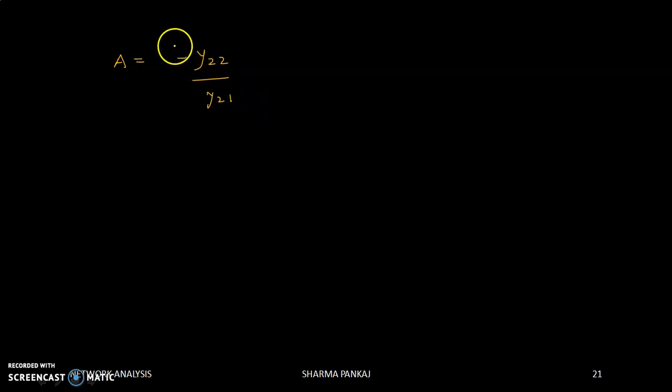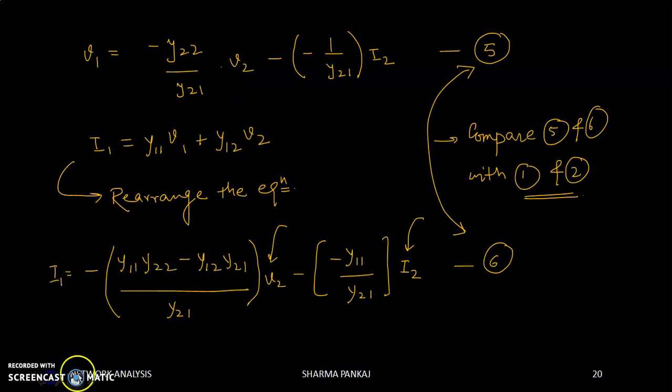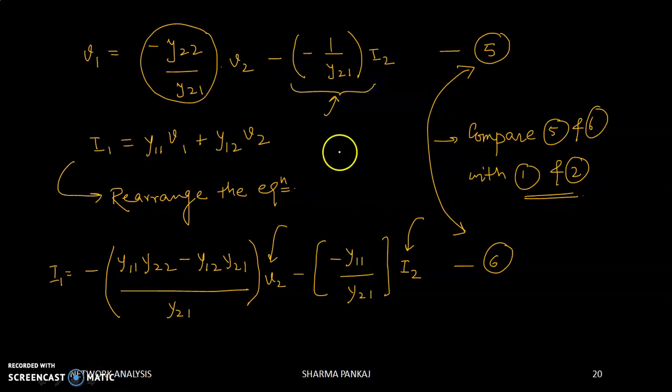See this, in equation number 5, this is your A. And what will be the value of B? This is your B, the pattern is similar. What will be C? As we have kept a similar pattern, this is your C and this is your B.